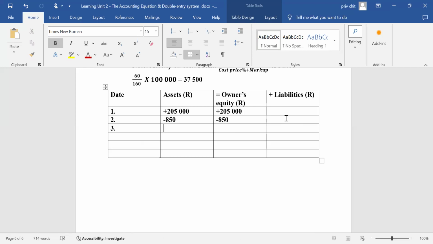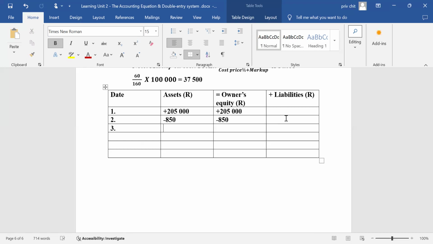Paid SA Distributors by EFT for trading inventory purchased, 7,000. So we paid by EFT. That means money is going out. Which asset is affected by that? The bank.